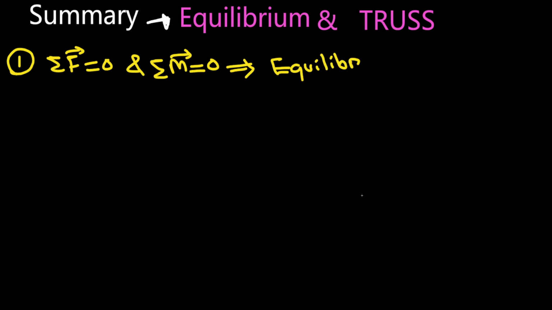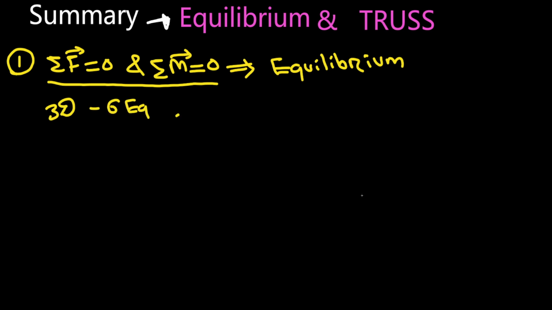This is the generalized condition: net force is equal to 0, net moment vector is equal to 0. For 3D, the force will give 3 components and the moment vector will give 3 components, so total 6 equilibrium equations in 3D. In 2D, we have only 3 equilibrium equations. What are these?